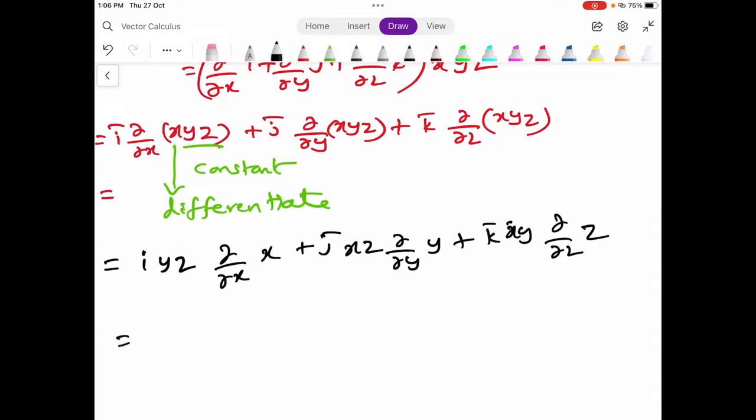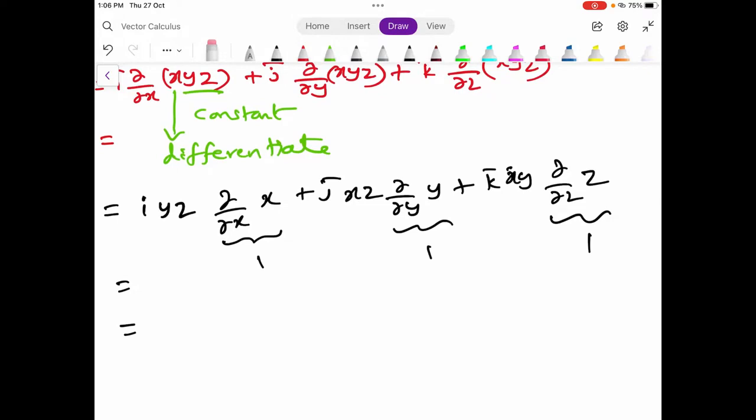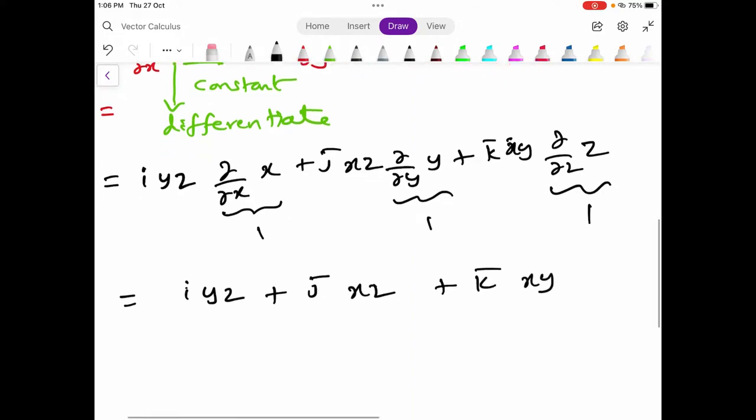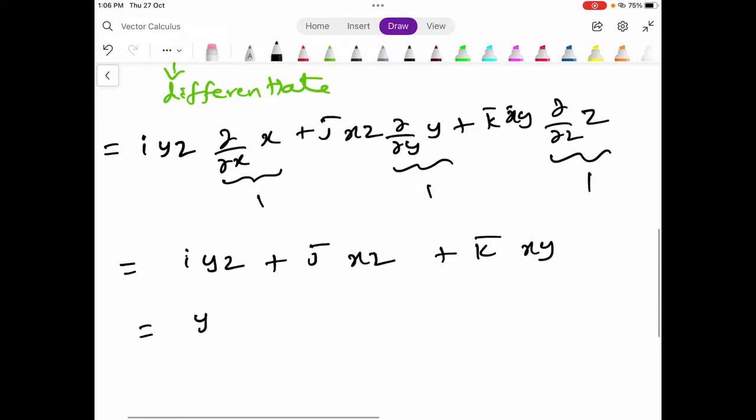You know that if we differentiate x, we get 1. This one is 1, this one is 1. So this equals yz i bar plus xz j bar plus xy k bar.